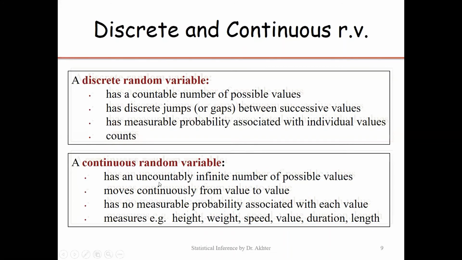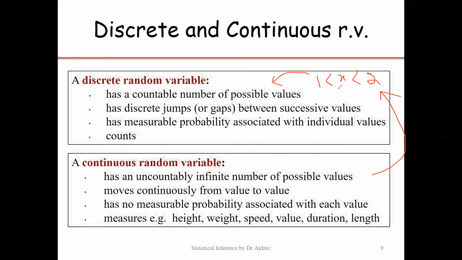A continuous random variable has an uncountably infinite number of possible values. Suppose we are interested in a variable in between 1 and 2. If it is continuous, we have an infinite number of values in between 1 and 2, but if it is discrete, there is nothing in between, because there is no integer which is greater than 1 and less than 2.